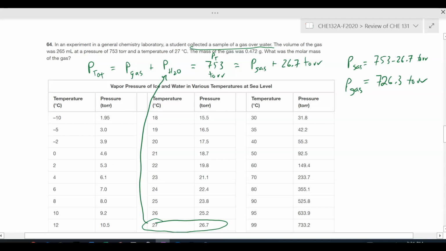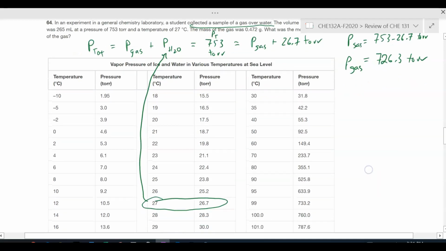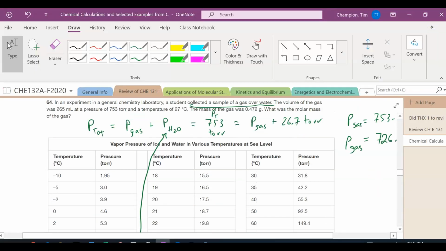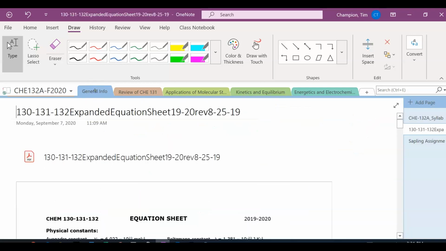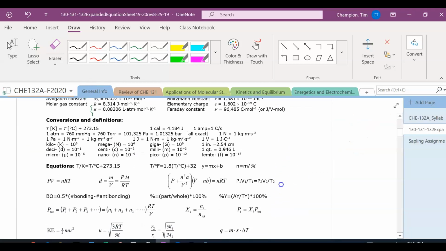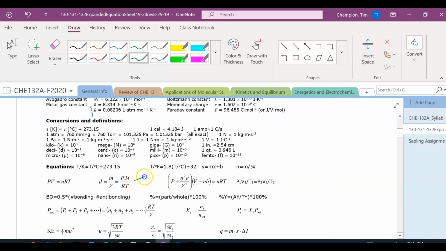Now, what else do we know about the gas? Well, if you look on the formula sheet, there is an equation here that's given. Right here you see the molar mass is in this equation. This is from the ideal gas equation. It also talks about density there.